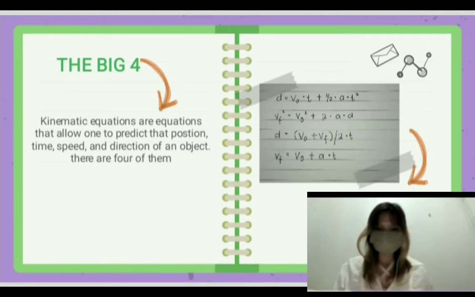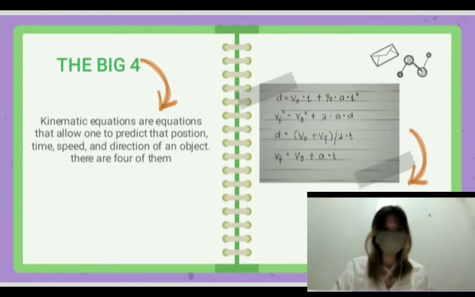There is a v with a little o after it and a v with a little f after it. These stand for velocities. The v with an o after it stands for the original velocity, and the v with an f after it stands for the final velocity.